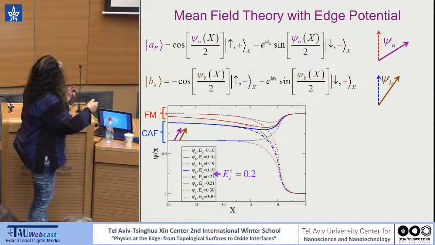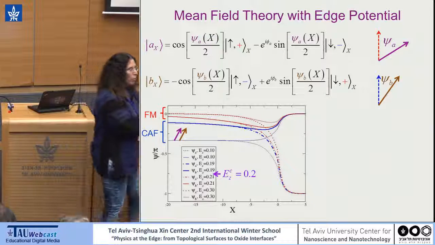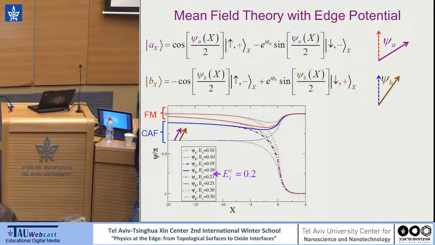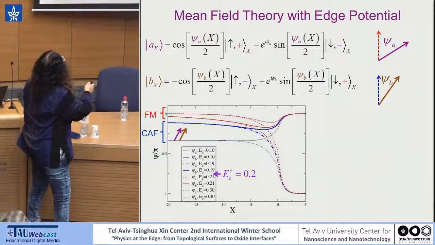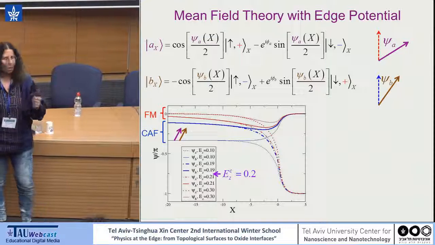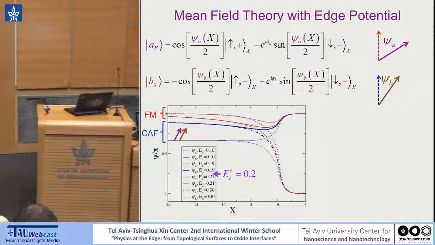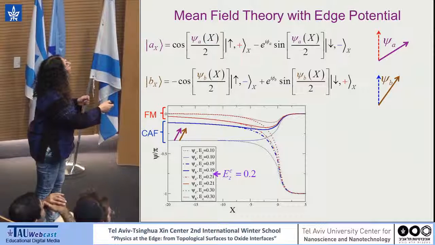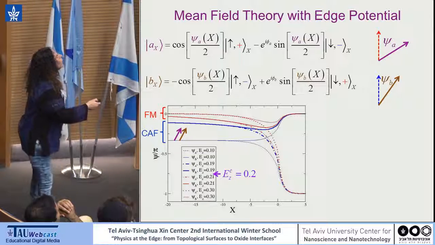And these spinors can be described by two canting angles. So there are, in fact, two distinct canting angles that rotate the spin in this SU4 manifold. The spinors have some entangled spin and valley configuration.